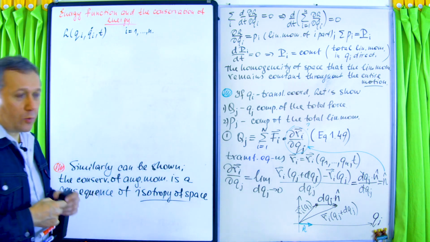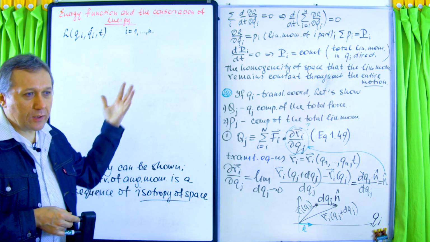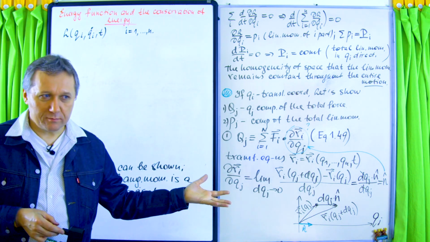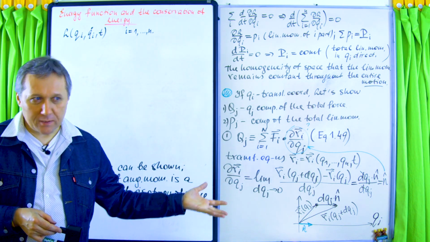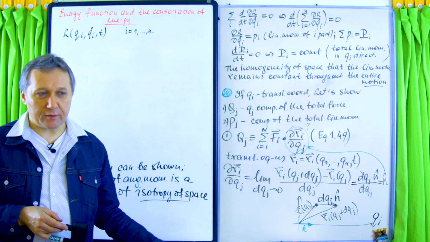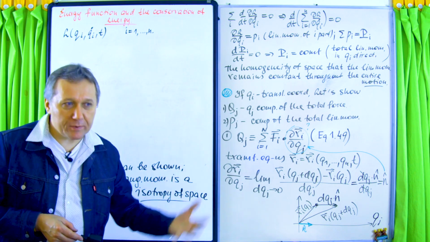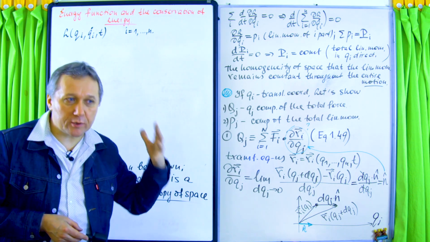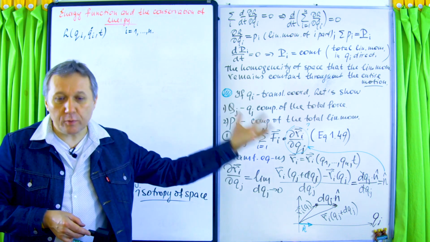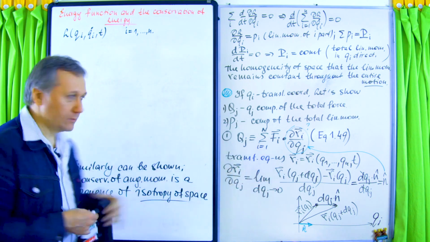So now, where should we go from this point in order to get conservation of energy? Who knows? So let's just for fun start looking at the dynamics of the Lagrangian. Let's see what happens with the Lagrangian in time. So let's just look at the total time derivative of the Lagrangian, hoping that it will lead us somewhere.